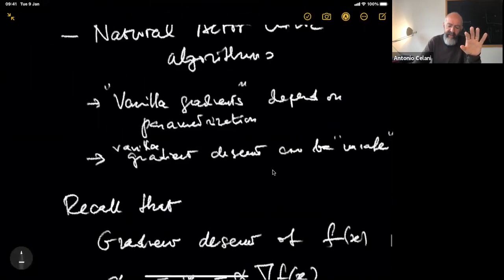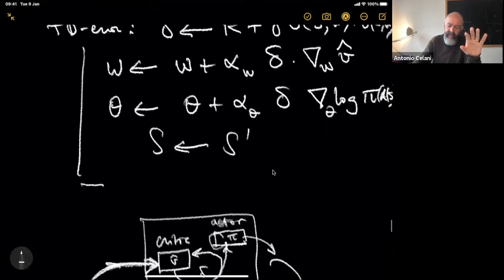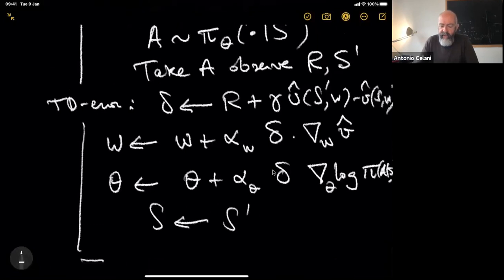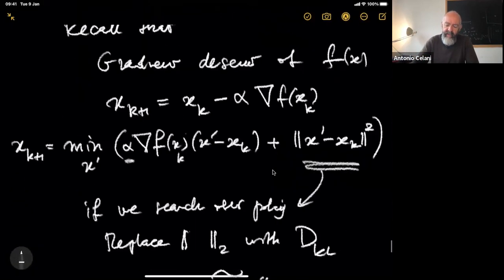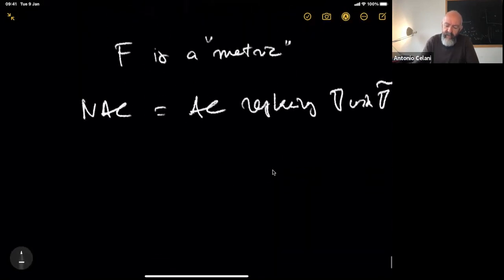Just when you take the derivative to compute the gradient of the policy only, because the values live in the usual quadratic space. The value error is defined in terms of a Euclidean norm, but the parameters of the policy live in the space of probabilities. So if you replace the gradients with respect to theta with the natural gradients, you get your natural actor-critic algorithms. And these algorithms have been particularly impressive in learning robotic tasks.